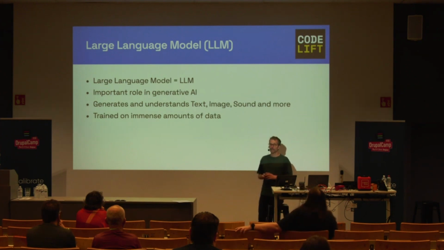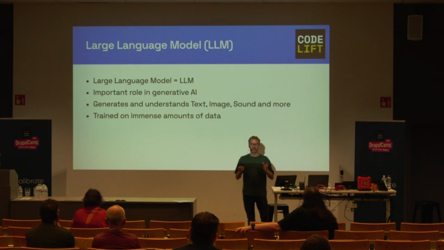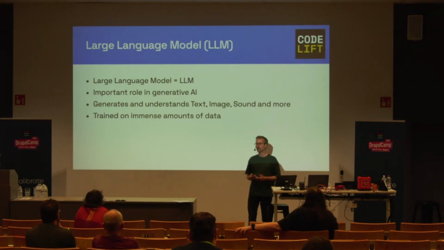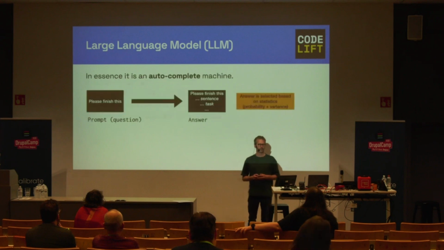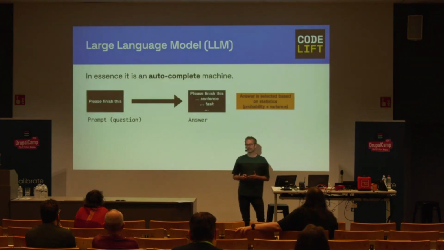What is a large language model? A large language model, also known as LLM, plays a very important role in generative AI. It generates and understands text, image, sound, and more, and it's trained on immense amounts of data. In essence, it's an autocomplete machine.